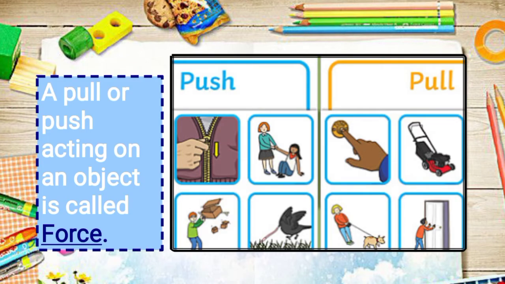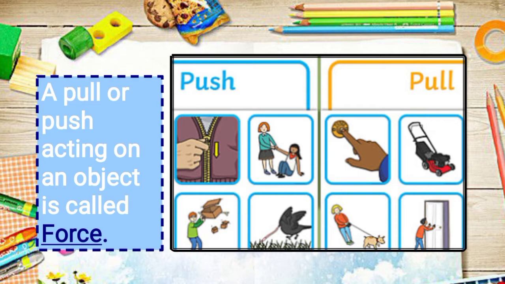Now let's understand what is force. Force is a push or a pull acting on an object. So, force is used not only to move an object but also to stop it. And force is used to change the direction and position of an object.